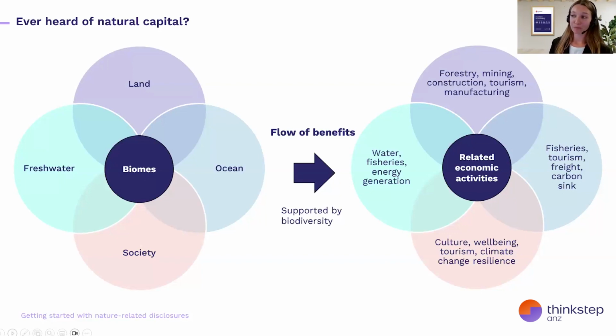Now, natural capital are the stocks of nature-related assets, things like food, water that we depend upon. And those assets give rise to flows of benefits towards people in the economy, which in geek speak is called ecosystem services. And these are things like crop pollination, water purification, and they support our economic activities, which might be forestry, fisheries, tourism, culture, energy generation.